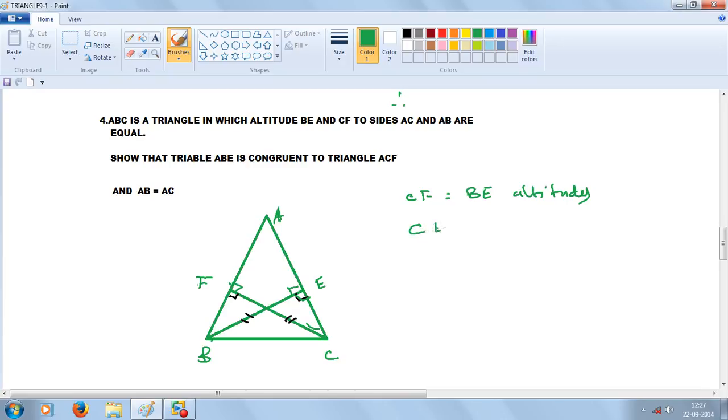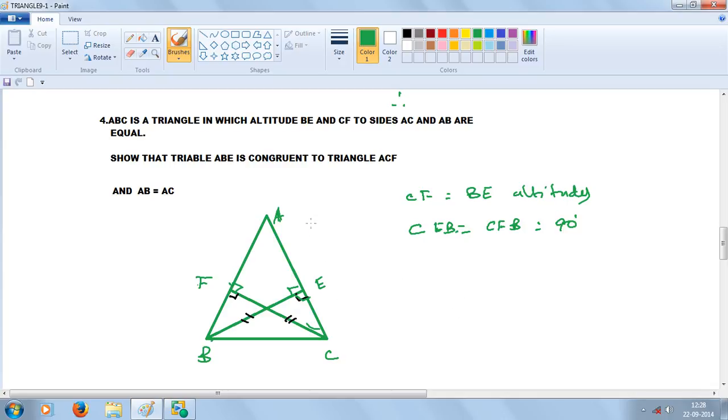So angle CEB is equal to angle CFB equal to 90 degrees. Of course, you can write this side also, CFA or BEA, that is also 90 degrees.